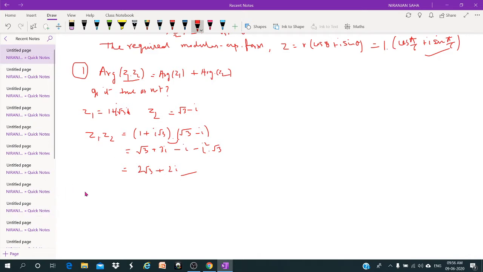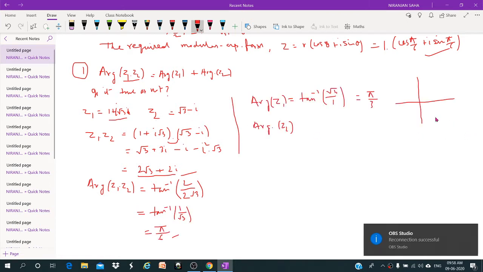Now the argument of z1 multiplied by z2: you can find that this lies in the first quadrant, both parts being positive, so we simply take tan inverse of y by x, where y is 2 and x is 2√3. z2 lies in the fourth quadrant.